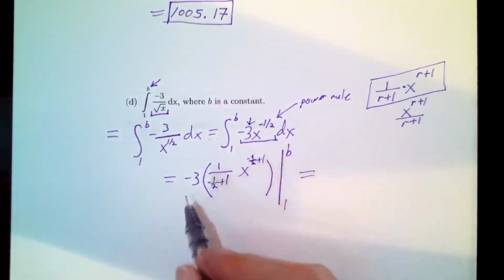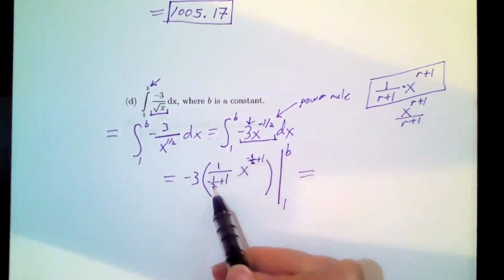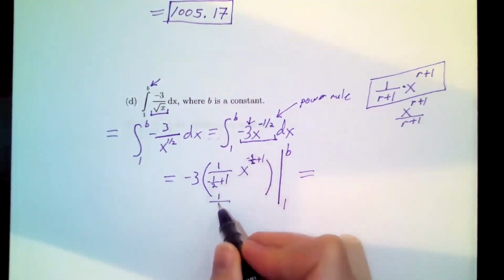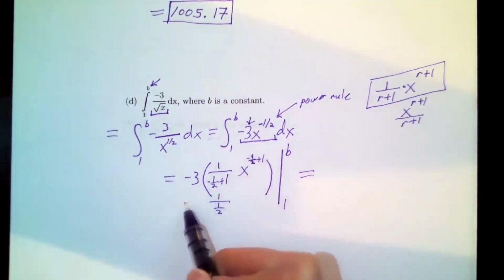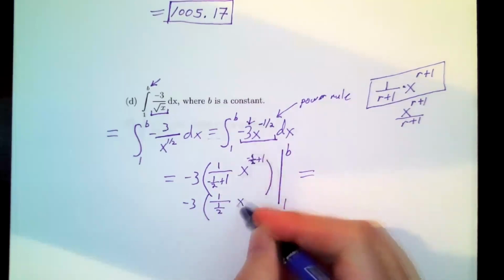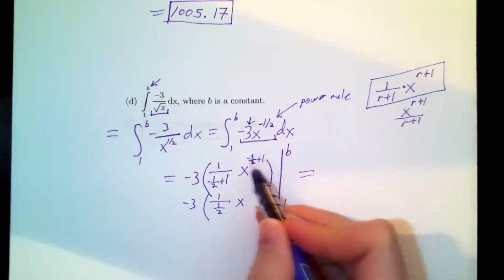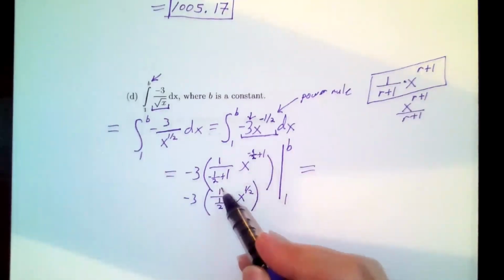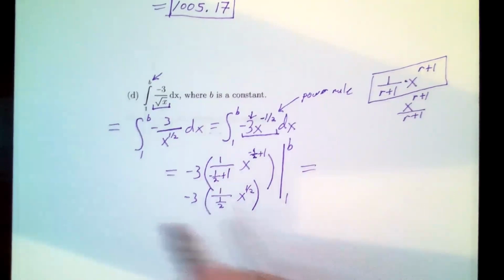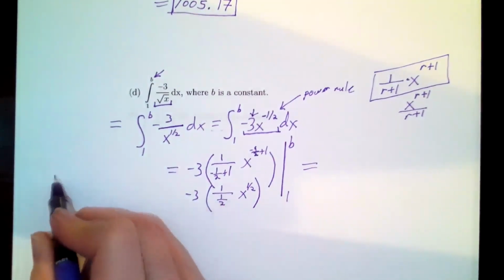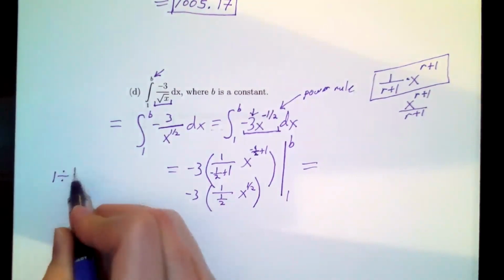So let's see. I have 1 over -1/2 plus 1. -1/2 plus 1 is 1/2. So that becomes -3 times 1 over 1/2, x to the -1/2 plus 1, which is 1/2. Now this flips. This is 1 divided by 1/2.